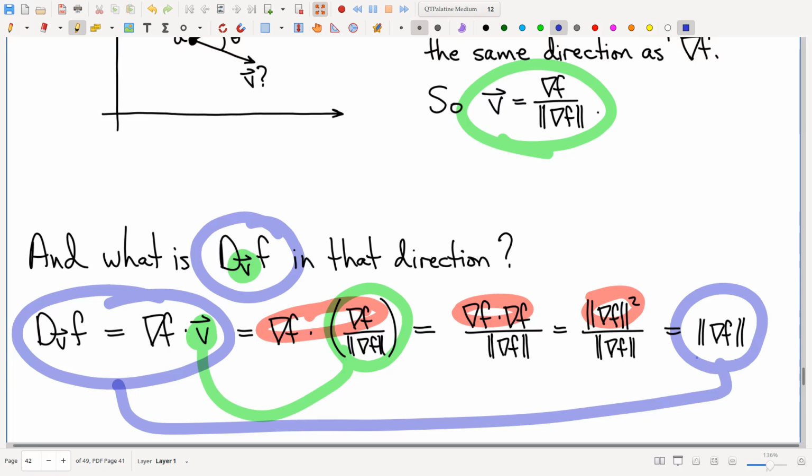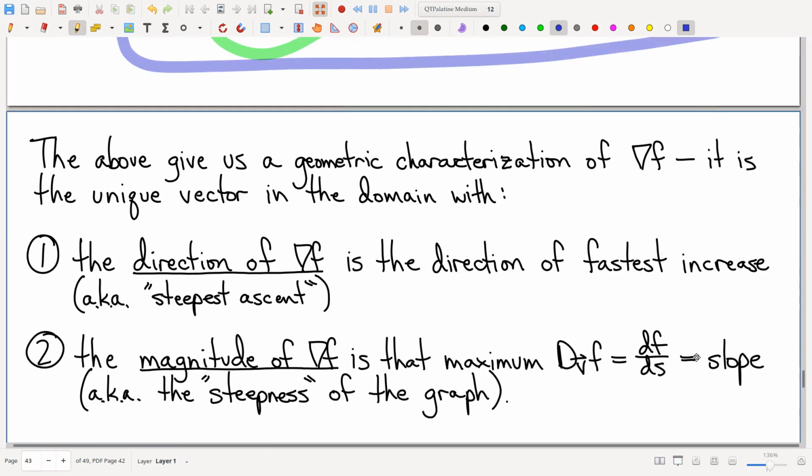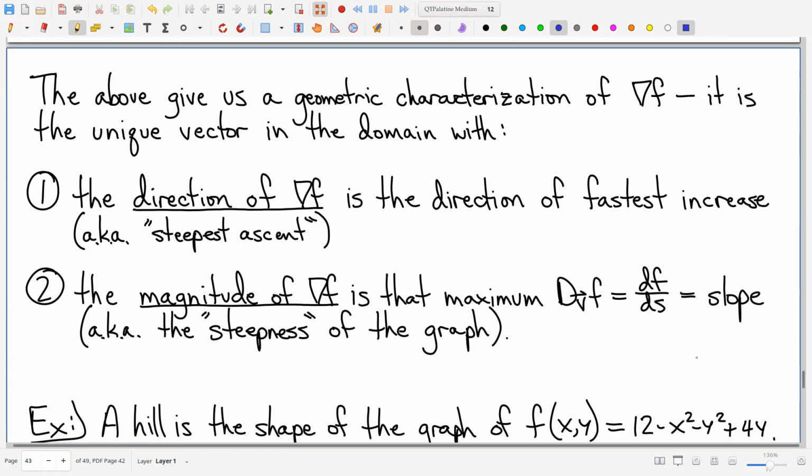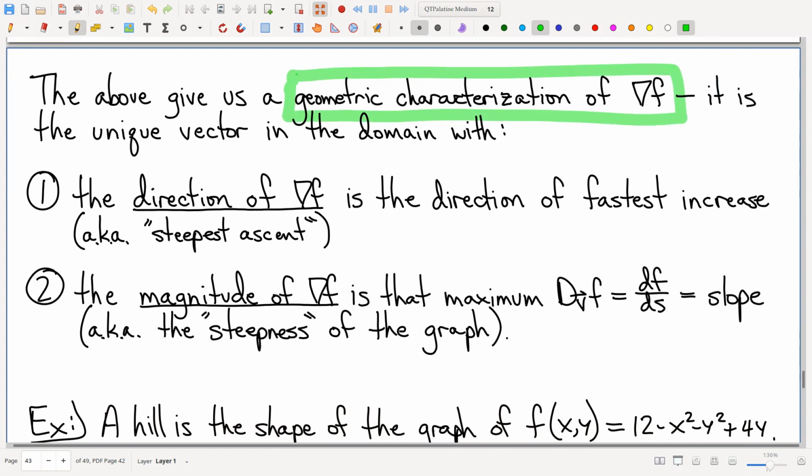It's the gradient. So this gives what I think is a really nice point of view on this little exercise, and that is what I call a geometric characterization of the gradient. Reminder, before today's class, gradient was an algebraic construction. It was a shorthand that allows us to streamline linear approximations. It was just a notational convenience.